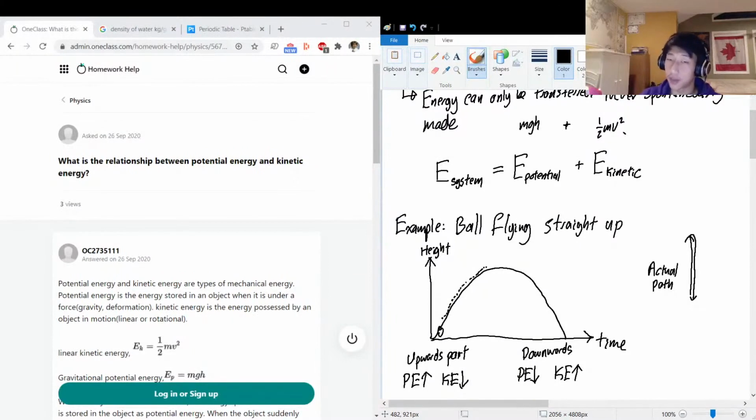And there are some things that are easy: the brief moment that it leaves my hand, no potential energy, purely kinetic. At the top of the throw, purely potential energy, no kinetic, because it has a velocity of 0, just for a very brief moment. And then as it's coming down, the potential energy gets transferred into kinetic energy. Hopefully that explains the relationship between potential and kinetic energy.